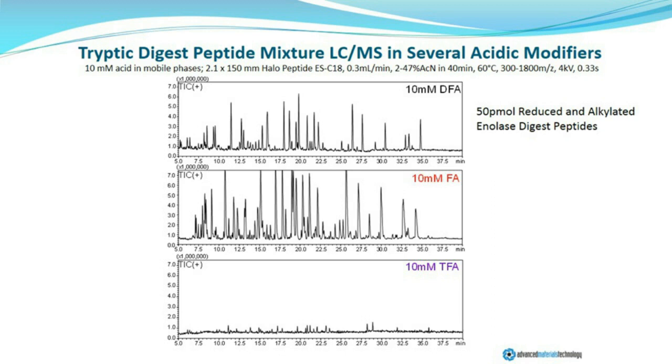Now, we have looked at this actually with 5 different mobile phases, again, comparing acids, and we see the same overall pattern throughout with peptides, which is the significant increase in ionization suppression with trifluoroacetic versus difluoroacetic acid.